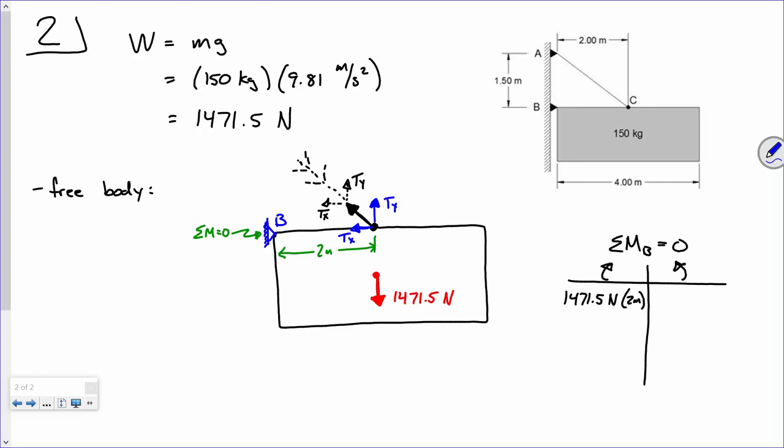So, 1471.5 times 2 has to equal Ty times 2.